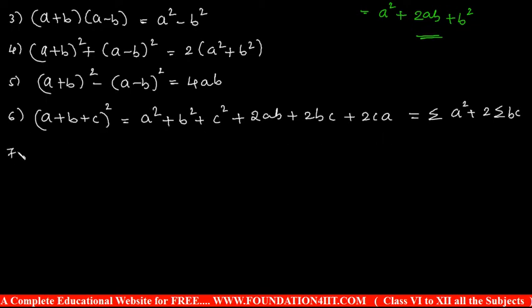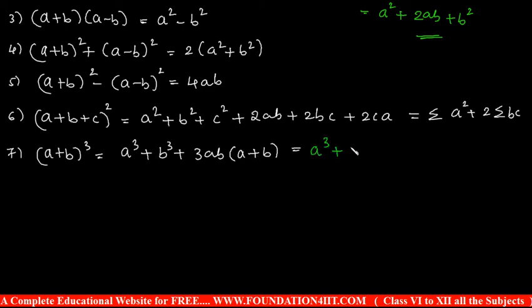And similarly, let us see cube formulas. A plus b whole cube is a cube plus b cube plus 3ab in the bracket a plus b. Or else we can simplify this more, another way: a cube plus b cube plus 3ab multiplied by a plus b, after taking 3ab common.